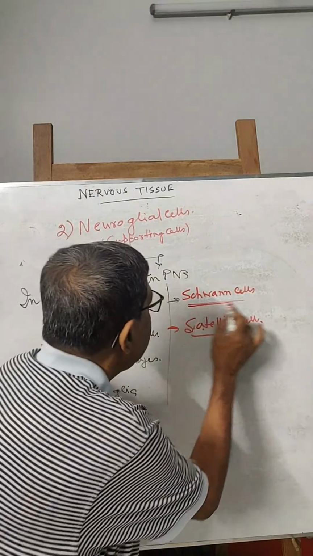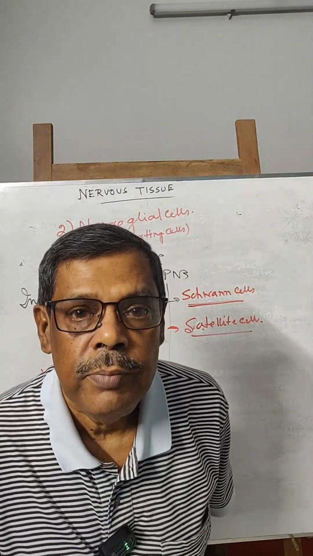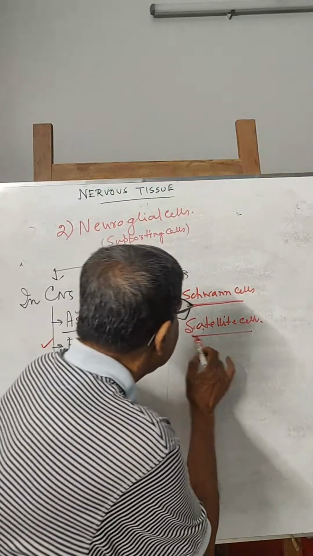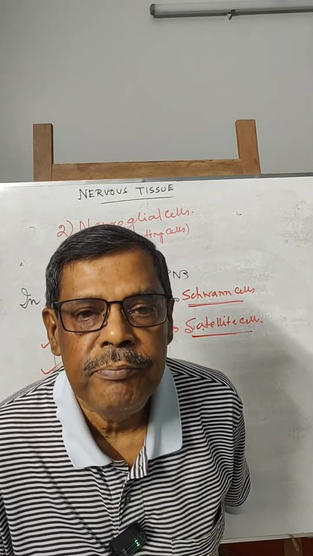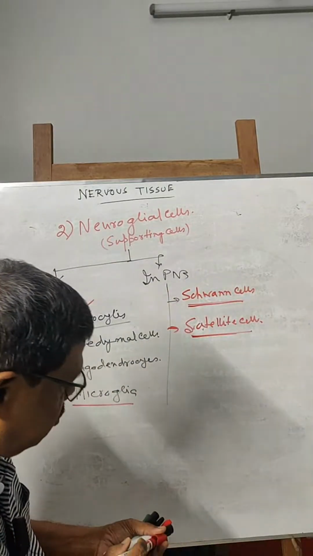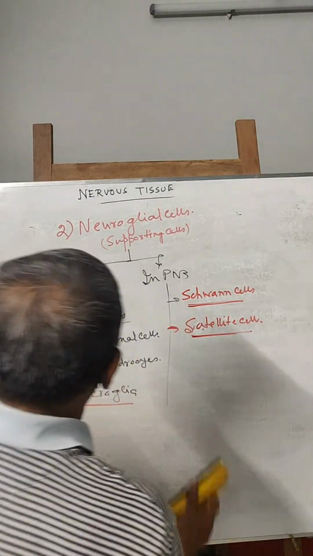In the peripheral nervous system, Schwann cells produce the myelin sheath. Satellite cells are found in the autonomic and peripheral nerve ganglia. These are the neuroglial cells and their functions.